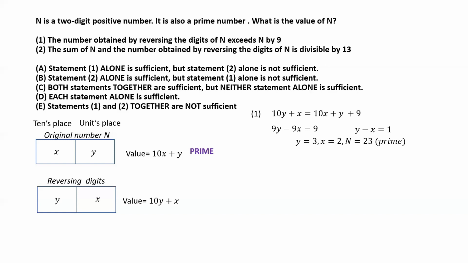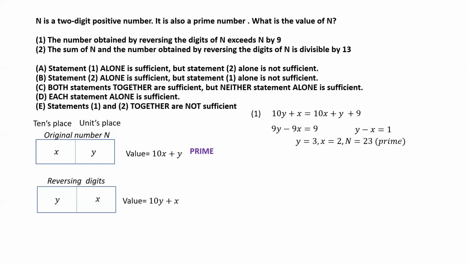And these are some examples. If we have y equal to 3, x equal to 2, y minus x is still 1, which is what we derived based on statement 1. And for these particular values of y and x, our original number is 23, which is a prime, right?